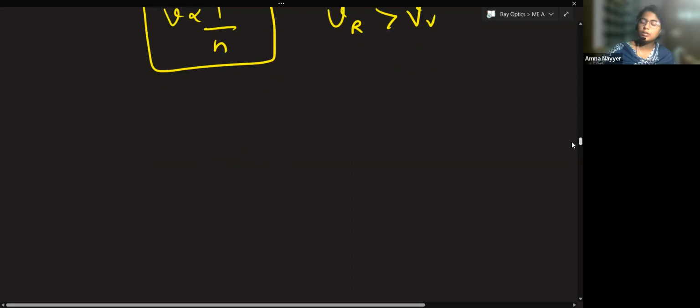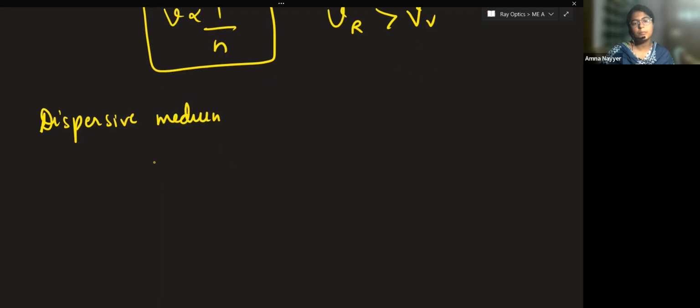Two concepts you also have. One is the concept of dispersive medium. See, dispersive medium is a medium where, suppose this is a dispersive medium, if white light enters this medium, when the light rays come out, it will not come out single the way it had entered.